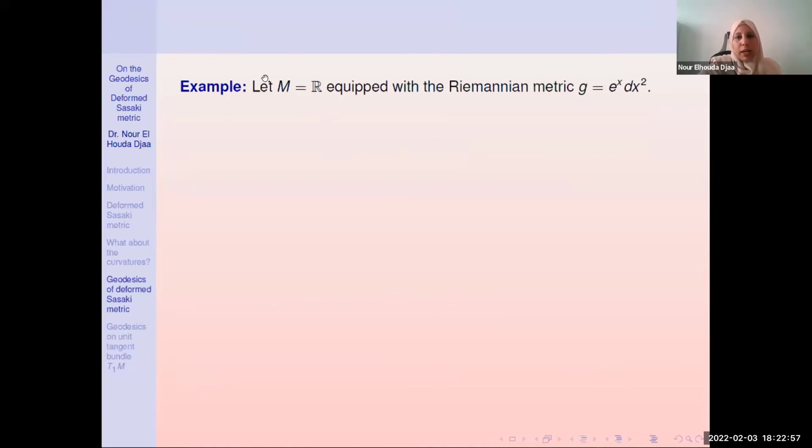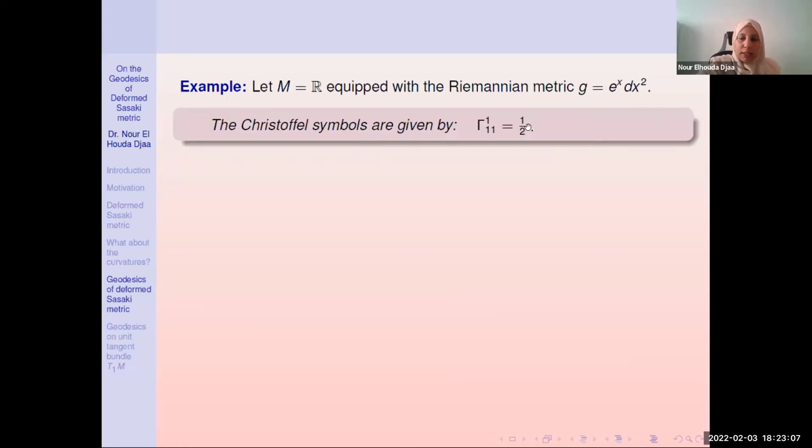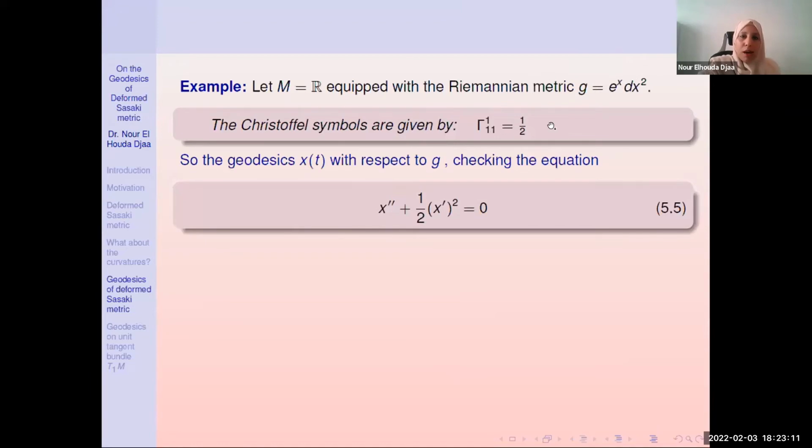So if we take M equal R, equipped with the metric g equal exponential of x dx squared, then we have gamma equal 1 over 2, and the geodesic curve x(t) satisfies the equation x double prime plus half of x prime squared equals 0.